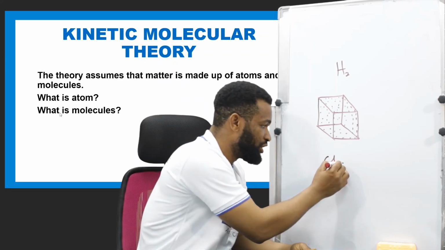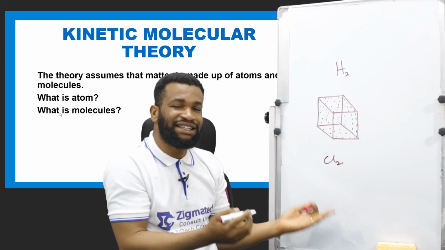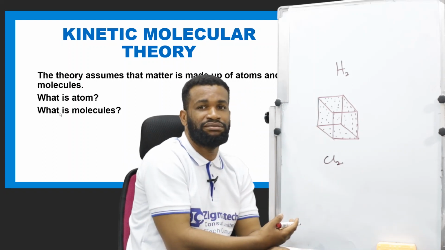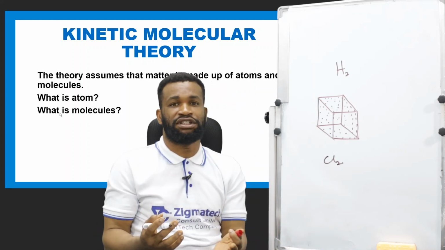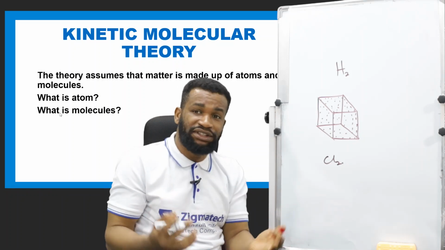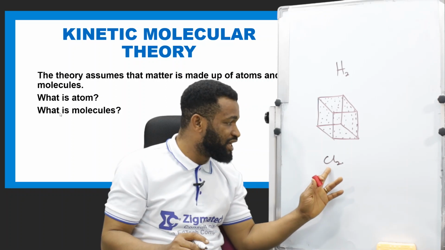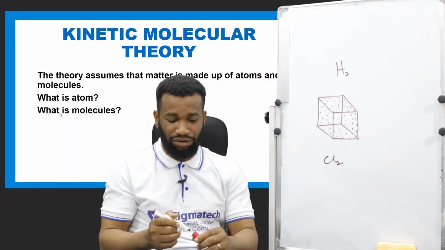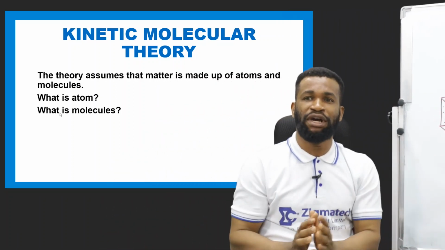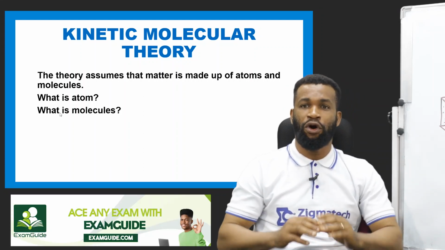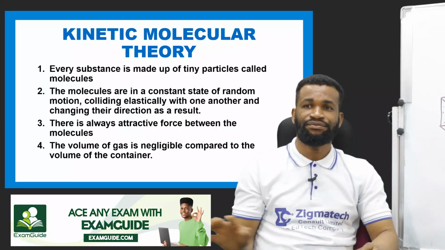But when it is now two, we say that they can exist alone and take part in chemical reaction and also retain the chemical properties of the element chlorine. So these are the things that make up matter, or everything that you see.